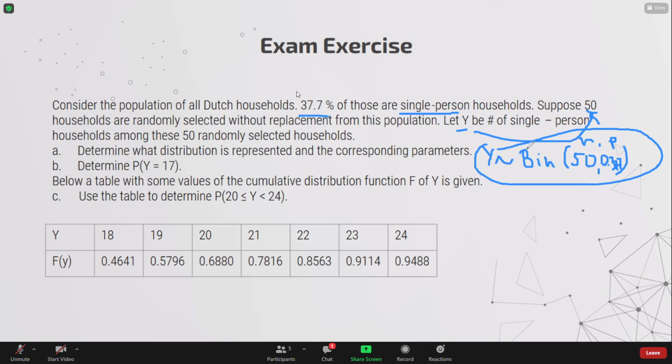The next question asks us to determine the probability of having Y exactly as 17. We don't have a continuous distribution, so it's not 0.